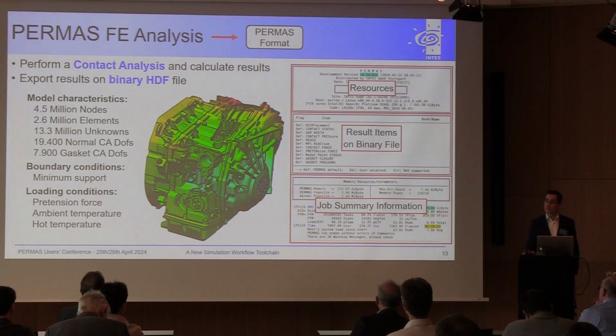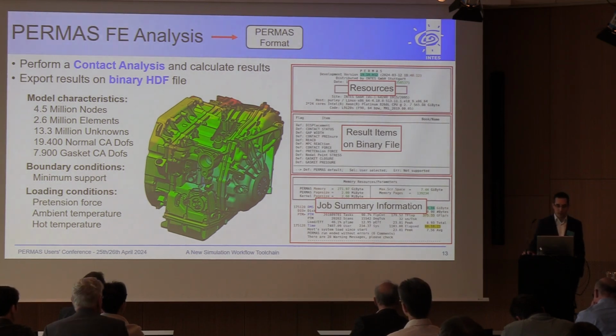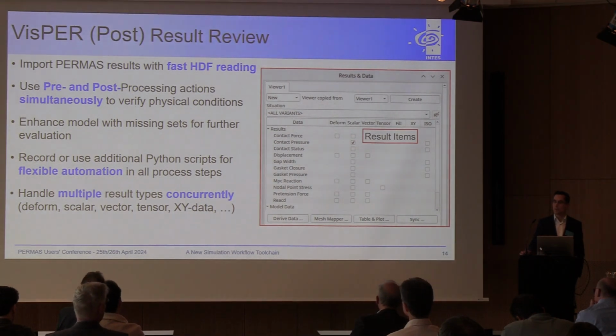And afterwards, from PERMAS to VisPER post-processing, it's the same. We created this HDF file. We can use our model files or even our UCI files to read within VisPER. And here we are, starting our post-processing features.